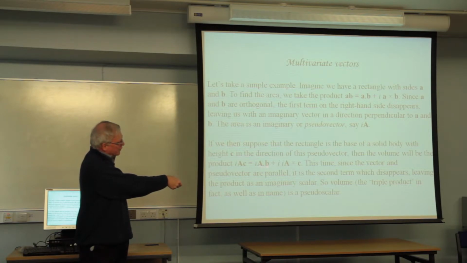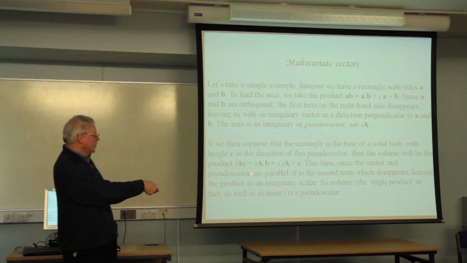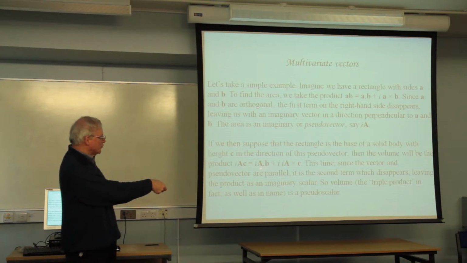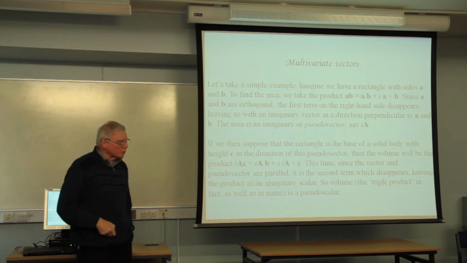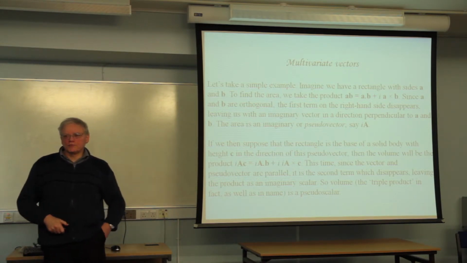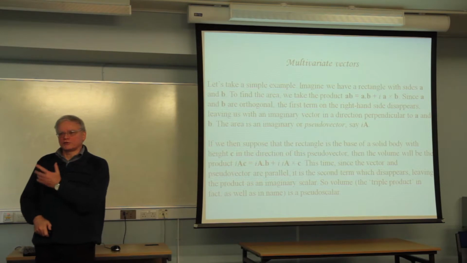If I write down the full product, I will get that. I think that should be C, not B. This time the bit that disappears is that, and so we're left with a scalar term, but an imaginary one, and that's what we call a pseudo-scalar. So volume is a pseudo-scalar, area is a pseudo-vector.